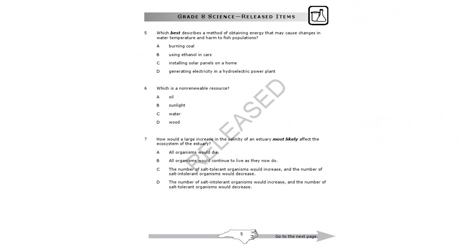Which best describes the method of obtaining energy that may cause changes in water temperature and harm to fish populations? So this one is weird to me. And I think installing solar panels on your home is not going to change the temperature of a lake or river.